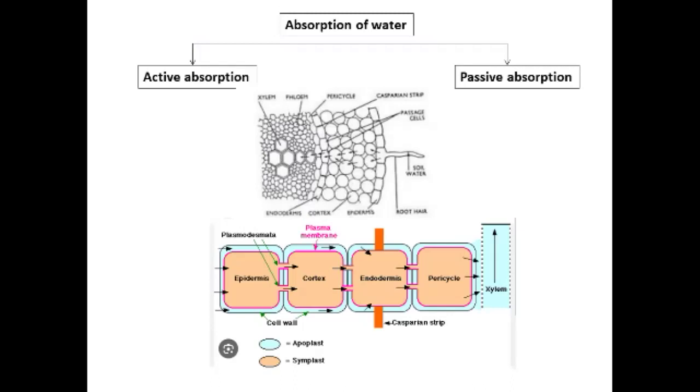Further, as a result, the osmotic pressure and diffusion pressure deficit of the root hair become lower, and the turgor pressure will increase. Now, the cortical cells adjacent to the root hair will have higher osmotic pressure and diffusion pressure deficit in comparison to root hairs, and water moves by osmotic diffusion.